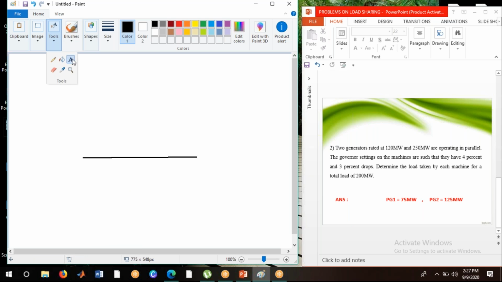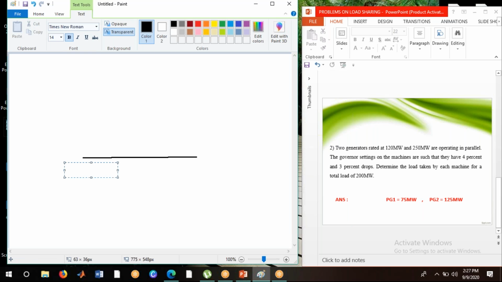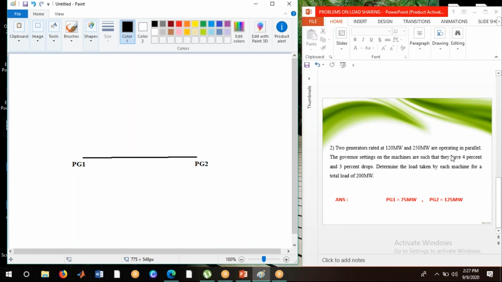So let's consider two generators. This is PG1 and here PG2. And here the first one has 4% drooping, so we have to draw a line.